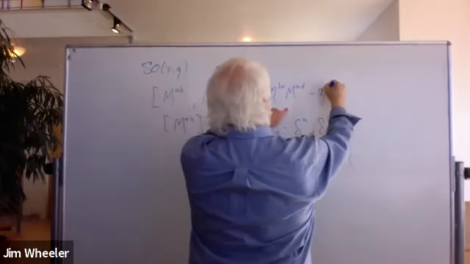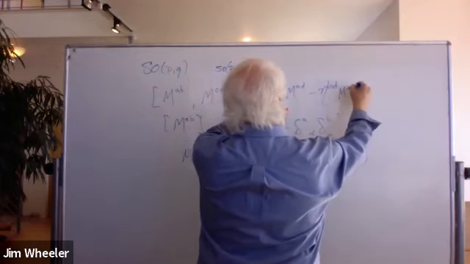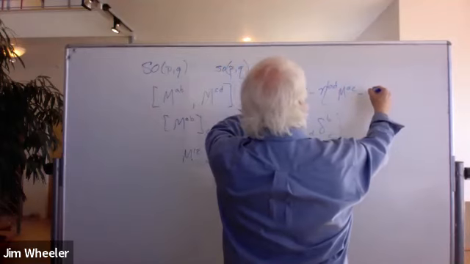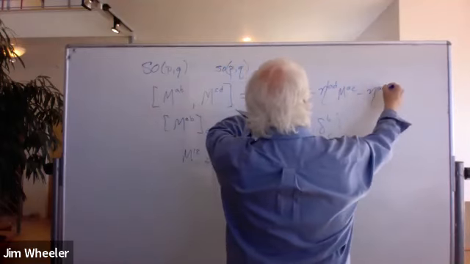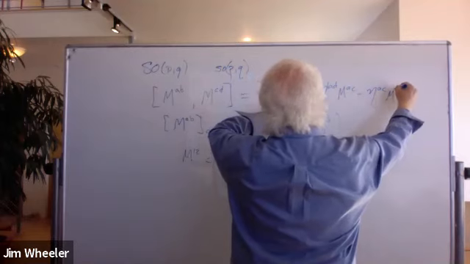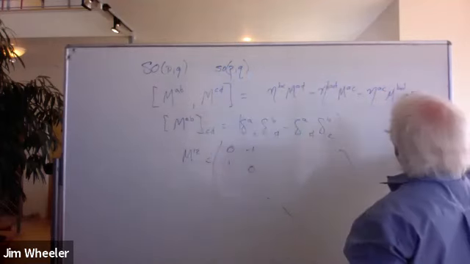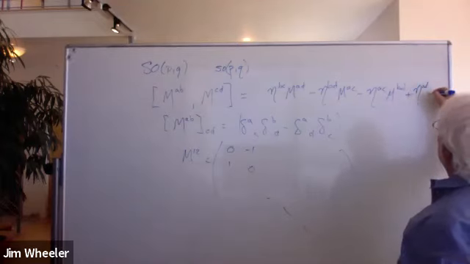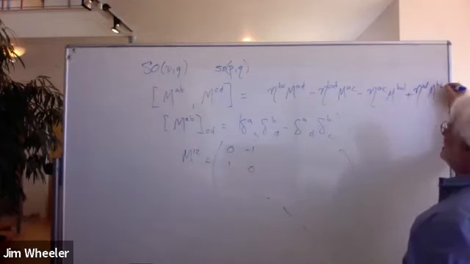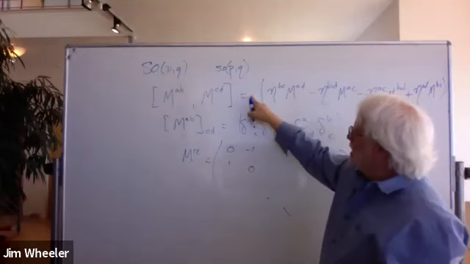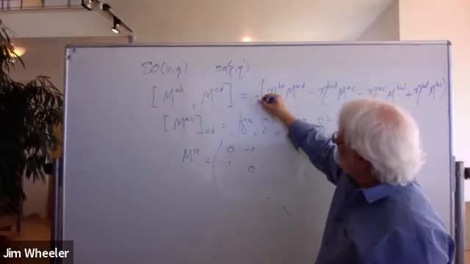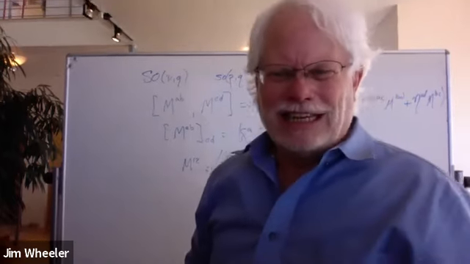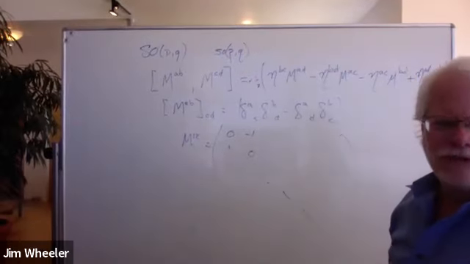So A to BD MAC, then anti-symmetrize AB, and I get A to AC MBD. Then anti-symmetrize both, and I get A to AD MBC. And up to that normalization, which I think I like to take to be -1/2 because it makes the Maurer-Cartan equations nice. That is the Lie algebra of SOPQ.